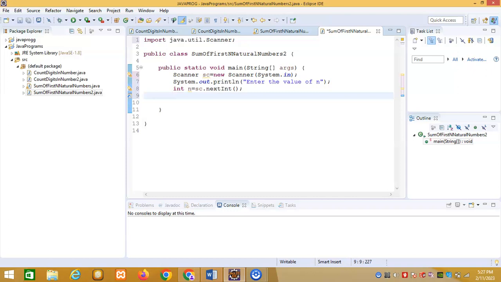Now we will apply the formula. So our sum value will be n into (n plus 1) divided by 2, and we will simply print this sum.